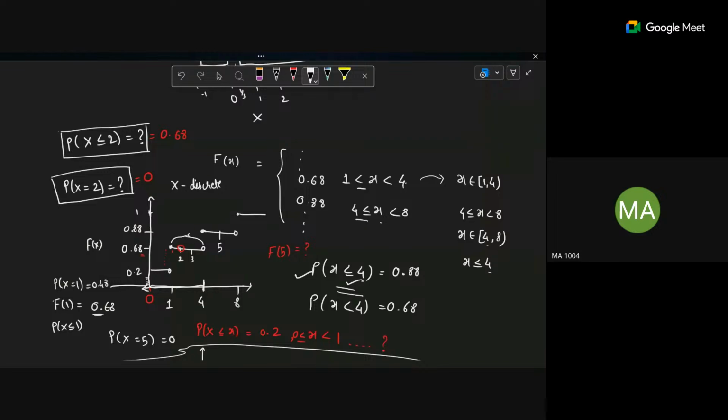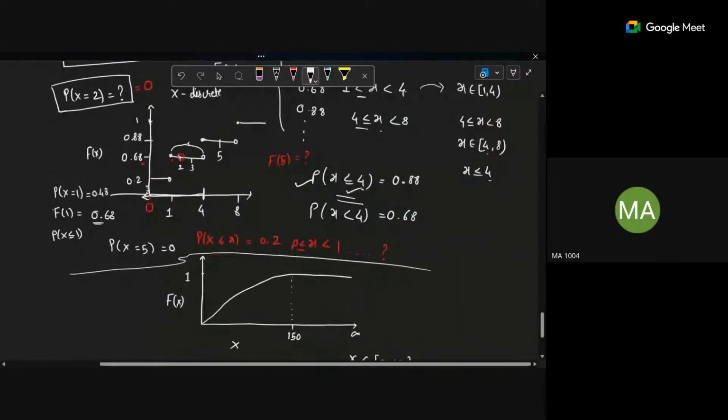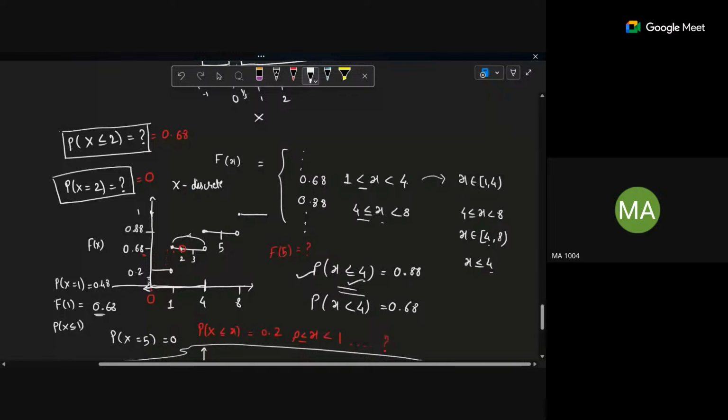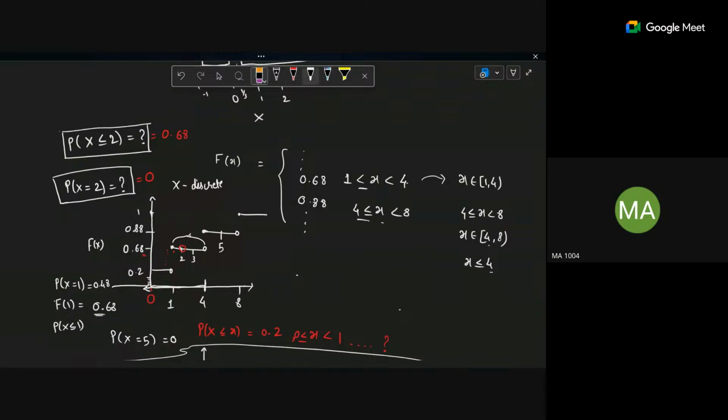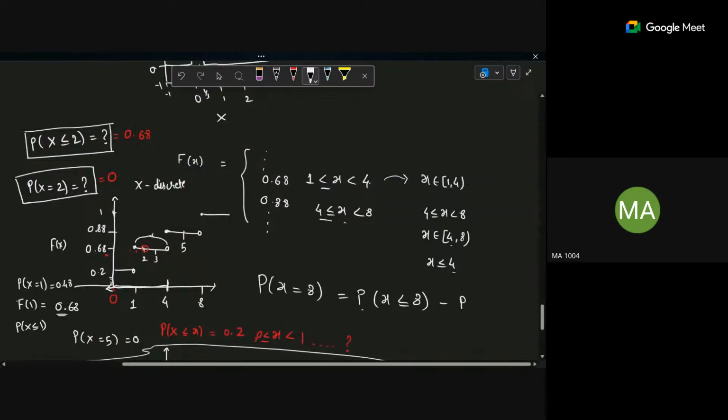Because the probability at x equal to 8 is nothing but probability x less than or equal to 8 minus probability x less than 8, right?